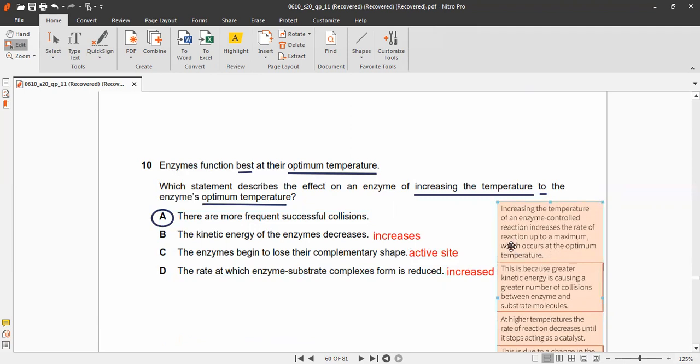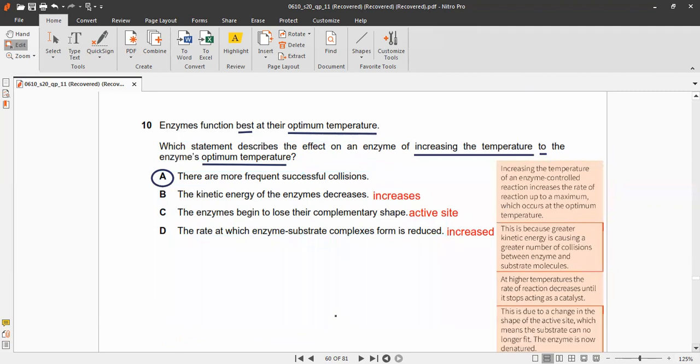This is because greater kinetic energy is causing a greater number of collisions between enzyme and substrate molecules. At higher temperature, the rate of reaction decreases until it stops acting as a catalyst.